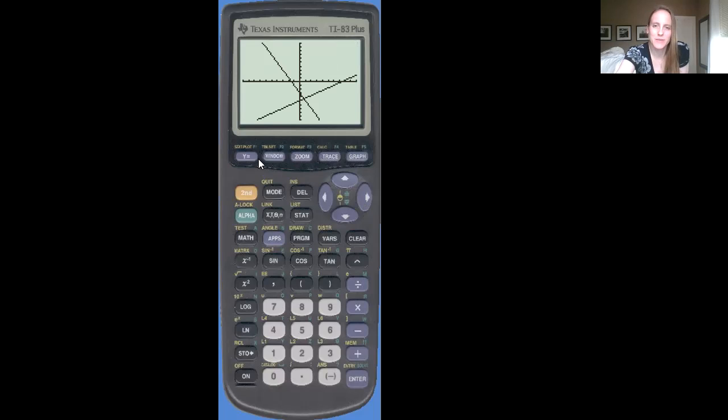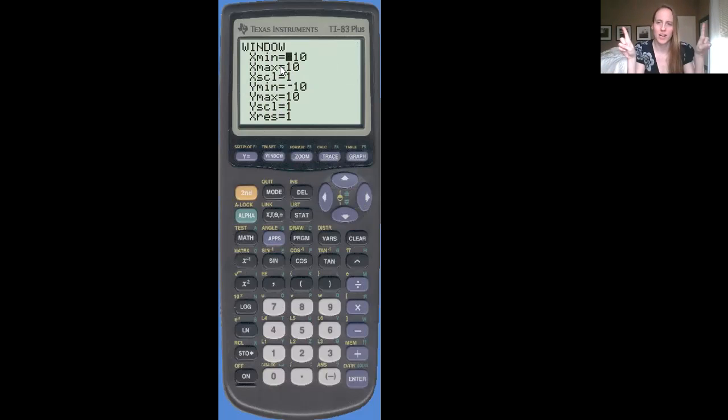The one other thing that you do need to be aware of is this thing called the window. If we click on window, you'll see this screen, and it says X min, X max, X scale, Y min, Y max, Y scale. Those are the important parts. The X min and the X max are how far across your x-axis goes, so how wide your graph is.